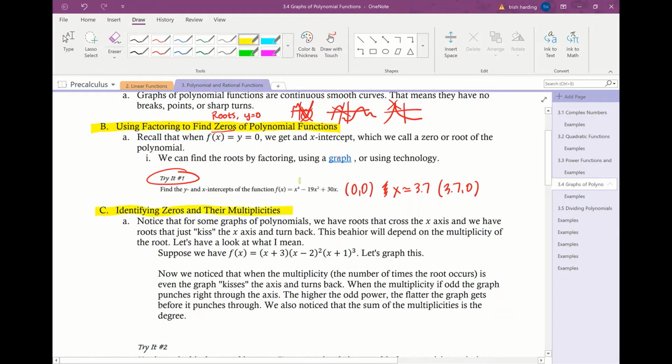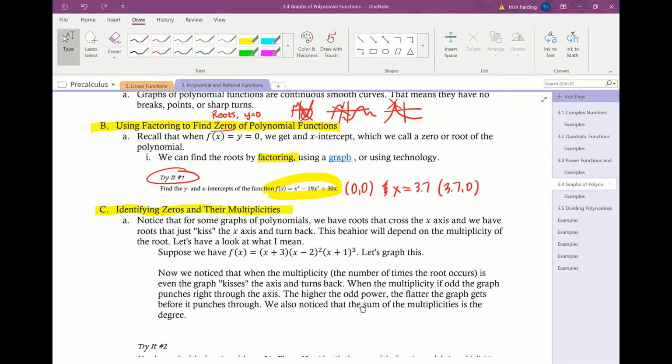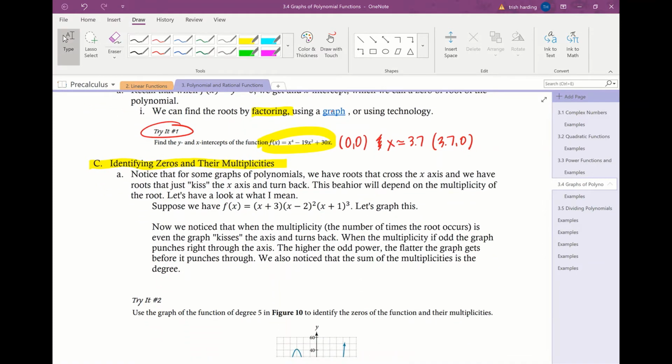If you're going to factor something, it will look a lot easier than this, just to let you guys know. But factoring is what you would do. Grouping is common in polynomials. Another way we will do it in the next section is dividing polynomials. Those also become very easy. So what we're going to look at is graphs of polynomial functions.